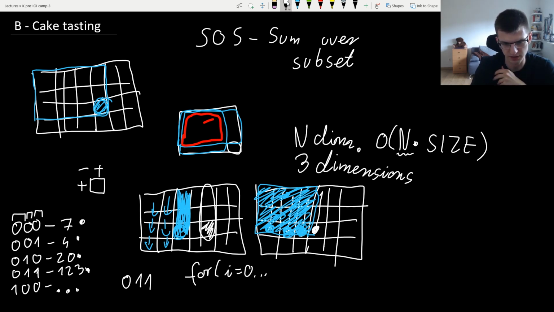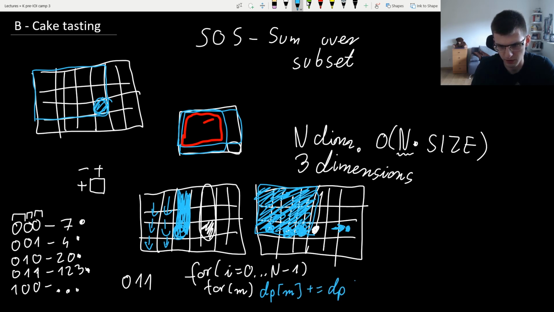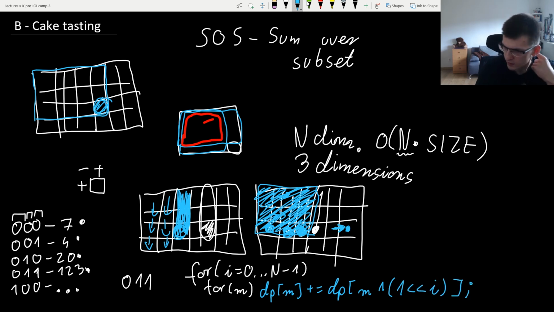So the solution is for i, that is dimension, from 0 to n minus 1, for every mask, what you do is you take the sum from the previous one. So you do something like dp of m plus equals dp of m XOR 1 shifted by i, assuming that m has the ith bit on.